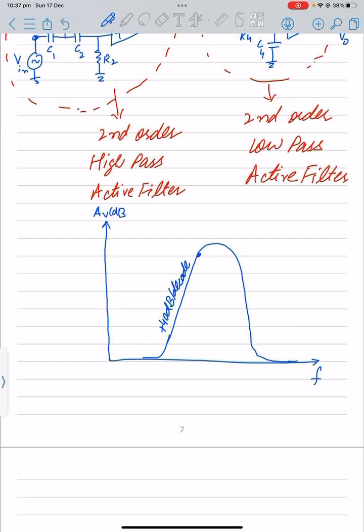We have the first corner frequency, and then the corner frequency for the low pass filter, and in the middle let's call this one FR.